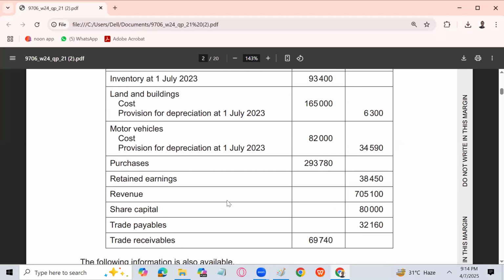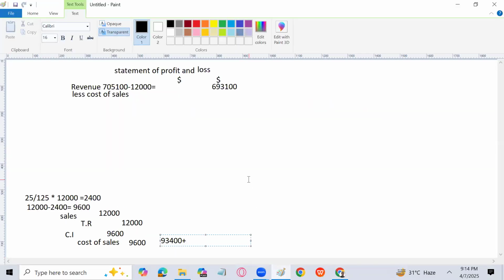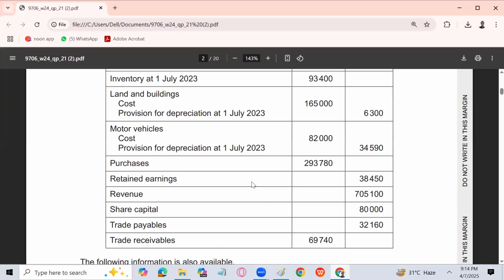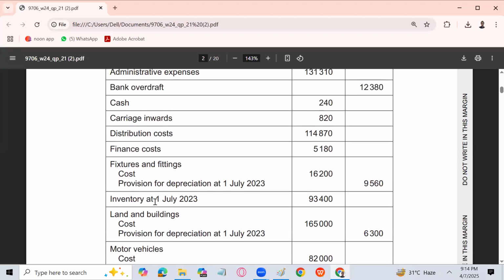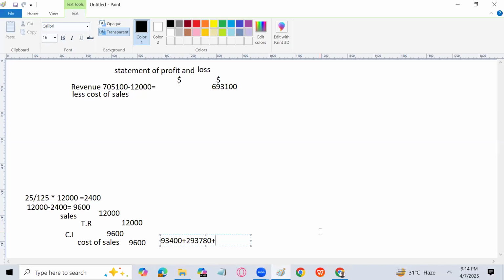Let me check. Here it is, purchases 293,780. 293,780 plus carriage inward, which is also given in the question. We will add carriage inward. Let me check. Here it is, carriage inward 820. I will add 820 to this.